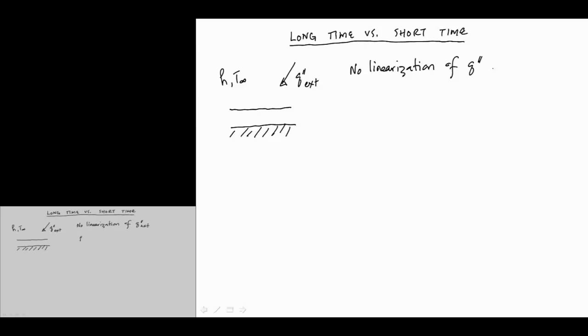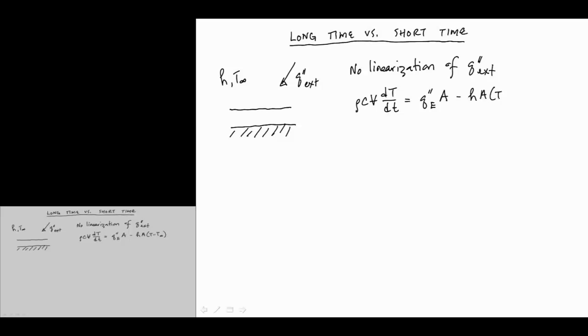And so just as we had rho C V dT/dt is equal to Q_E A minus H A (T minus T infinity). So this is just like what we had, except we're not going to hold on to that. Okay, so here's what we're going to do.